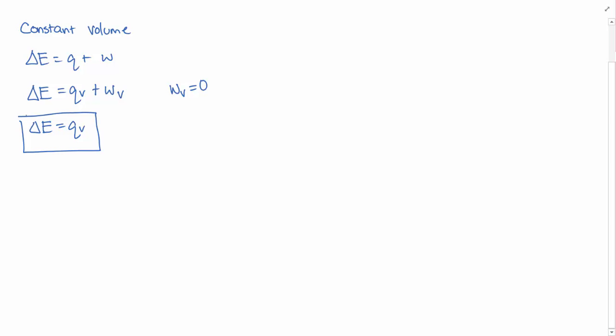Now let's contrast that with the constant pressure case. At constant pressure, just like at constant volume, delta E is equal to Q plus W, and we can write that again with the subscripts to show we're in a constant pressure path, so QP plus WP.